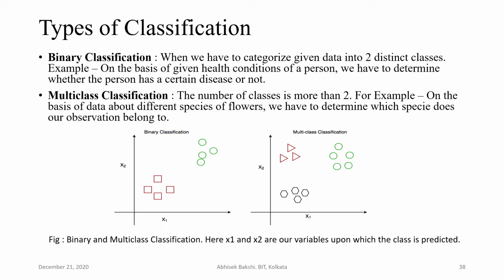So the question is, who is actually deciding that within the machine? There is some classification algorithm written within the machine. That algorithm takes the input, the blood sample containing various parameters, and depending on the parameters, it says either yes, it is a diseased person or it is not a diseased person. That's why it is called binary classification.